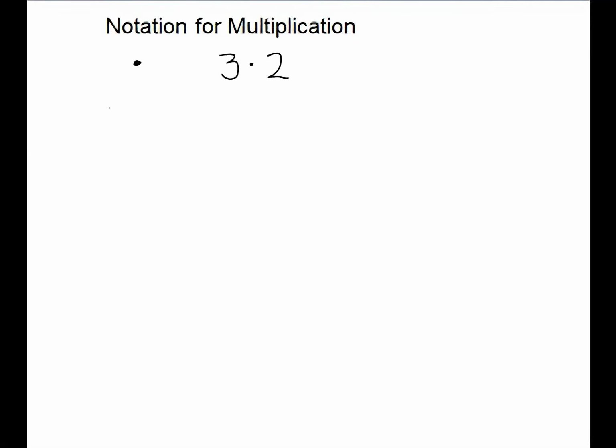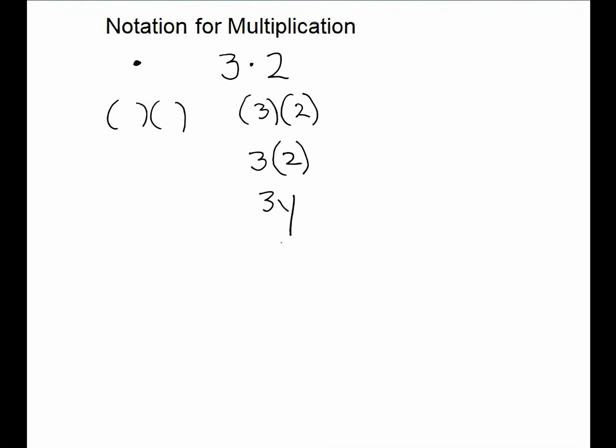We can use parentheses side by side. So like 3 times 2 with nothing in between. We can use a number right beside a parentheses, nothing in between. We can use a number right beside a variable with nothing in between to mean multiplication.